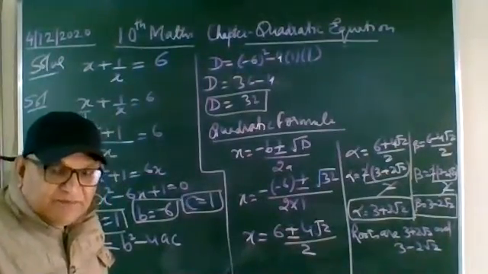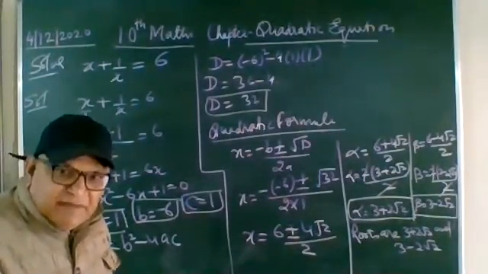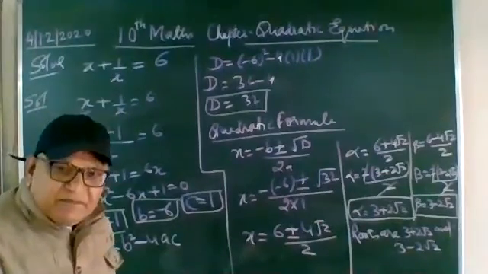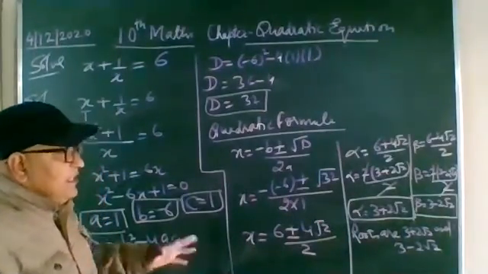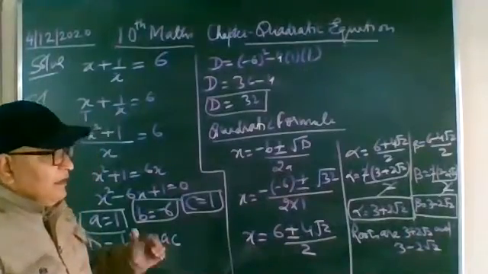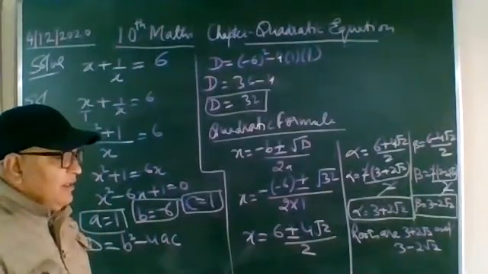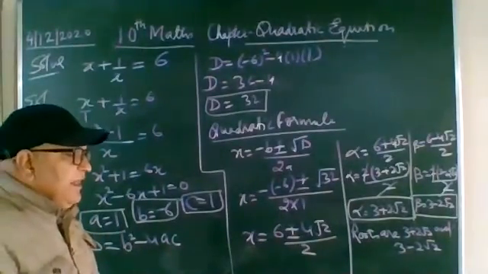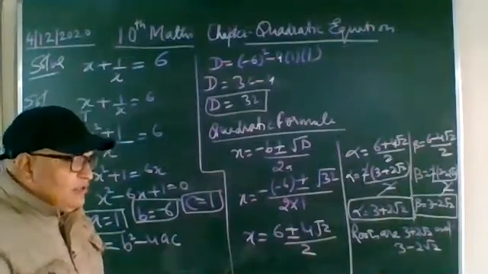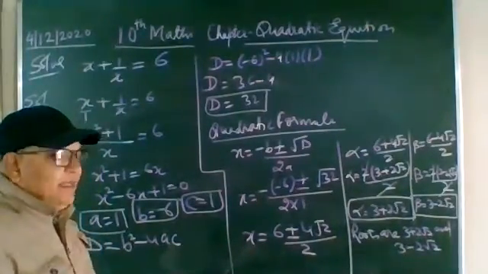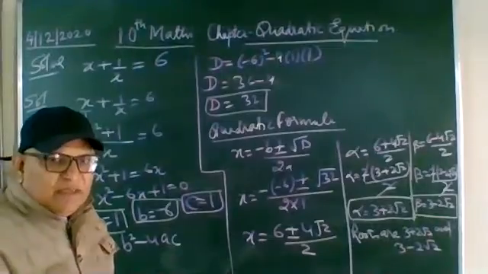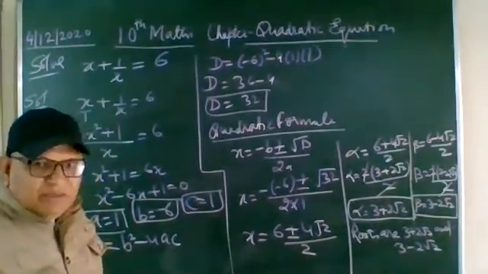If it is not possible, find the value of d, and after finding the value of d, you decide whether it will be further solved or not. You know the condition. If d equal to 0, then you can solve. If d greater than 0, then you can solve. And if d is less than 0, then you will say the quadratic equation cannot be solved.